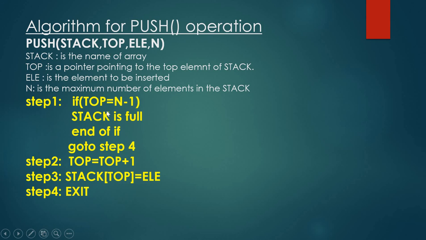That is, in the insertion operation, you need to check whether the stack is full or not. In step 2, top is equal to top plus 1, and in that top position we can insert the element: stack of top is equal to ELE.